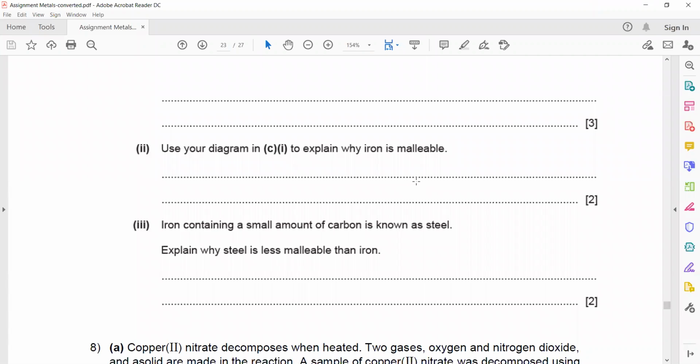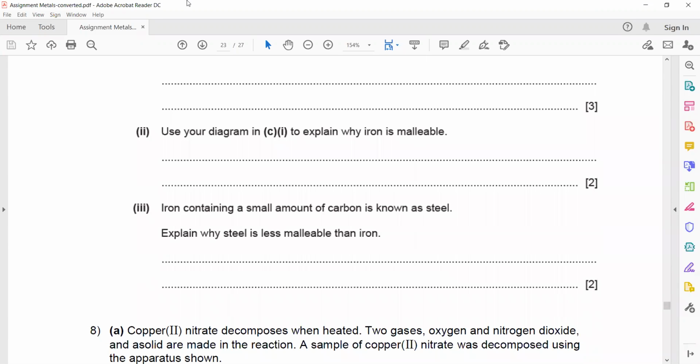Iron contains a small amount of carbon. Why is it less malleable? Because it contains a different atom, so the size of the atom of iron is different from the size of the atom of carbon. The carbon atoms which are present will increase the friction between the layers so they cannot slide over each other.